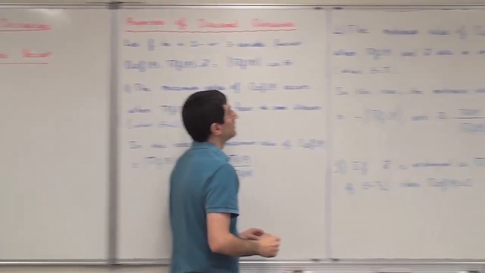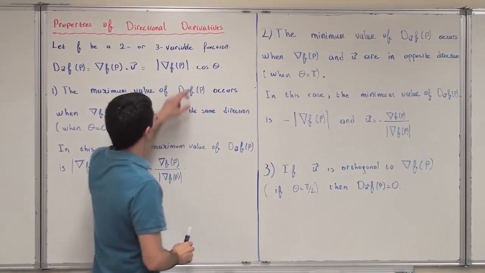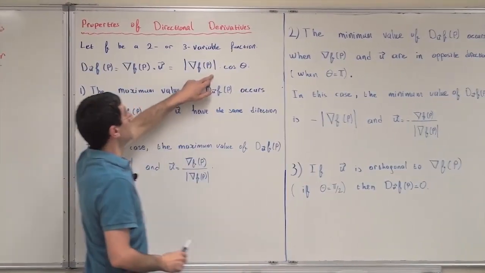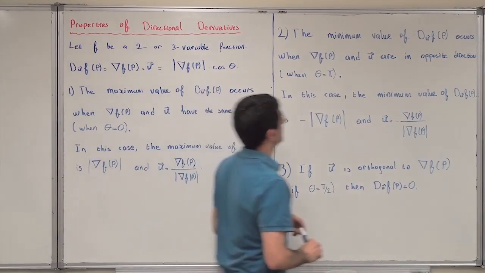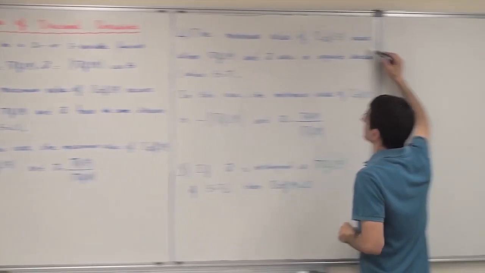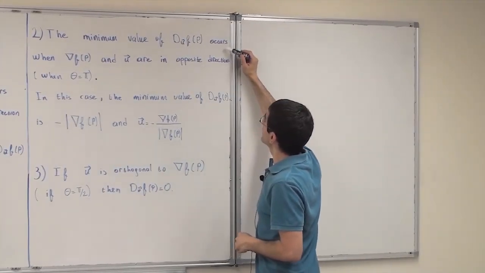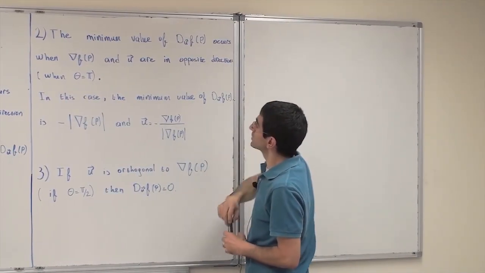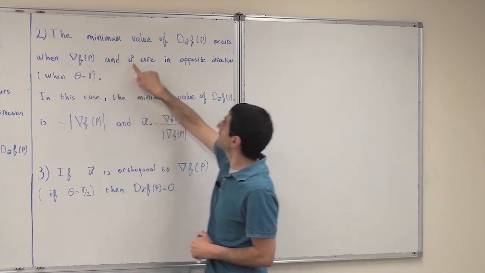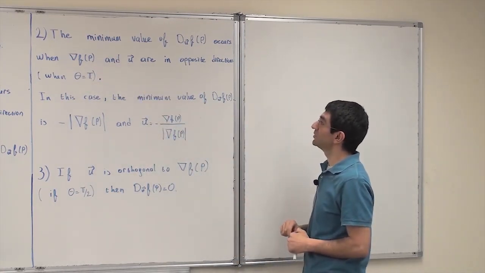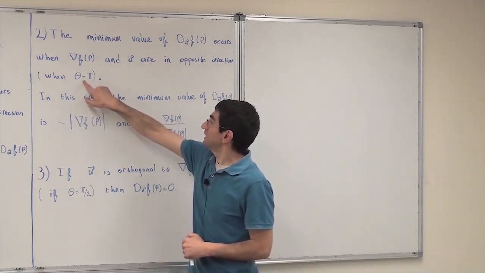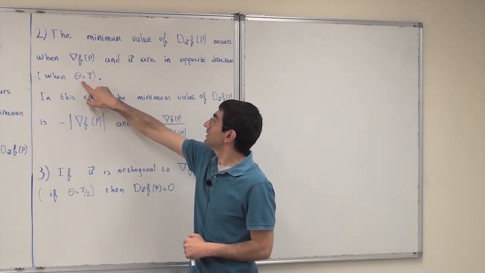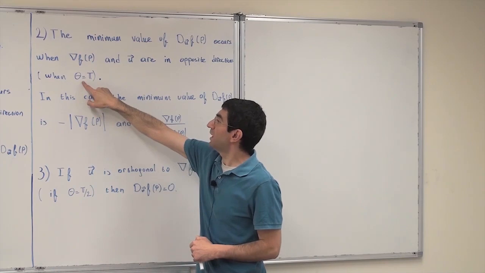The second conclusion that we can draw from this formula is about the minimum value of the directional derivative. So the minimum value of the directional derivative of f occurs when the gradient vector and the direction vector u are in opposite direction, which means that the angle between them is equal to pi.